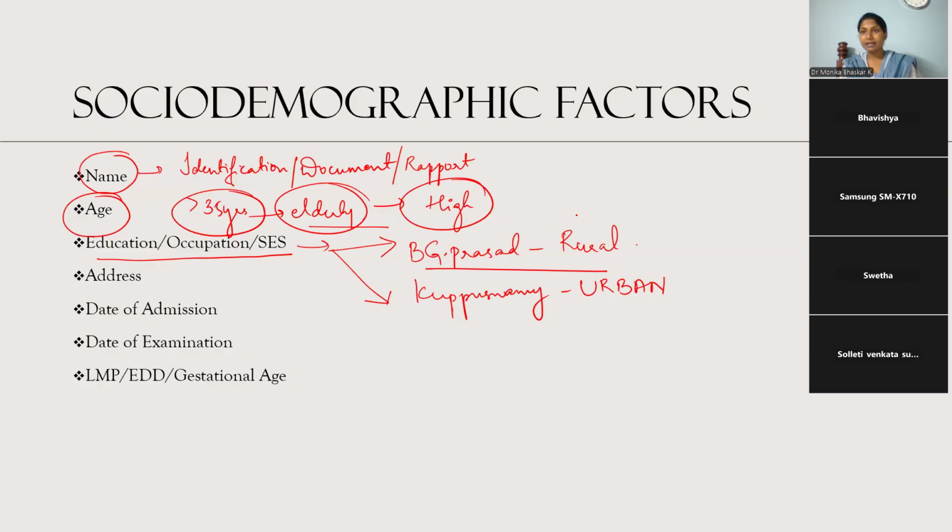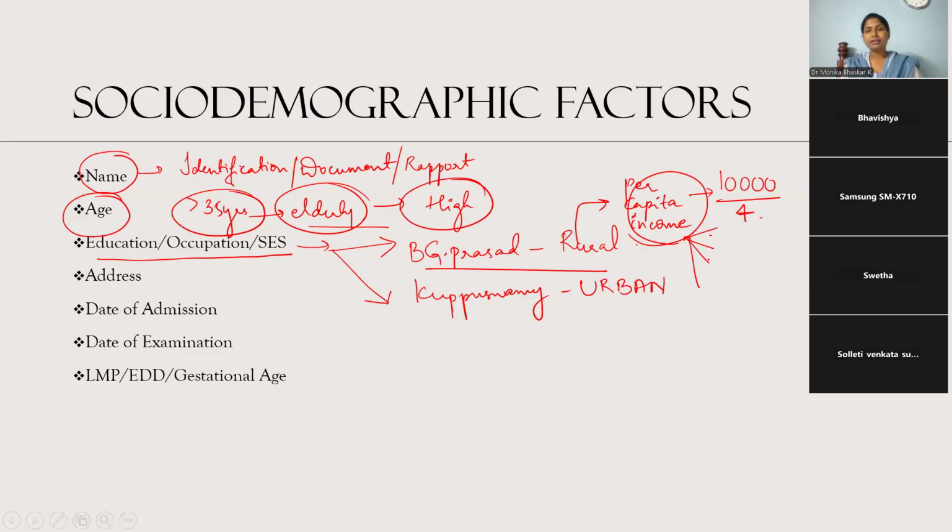So what is the BG Prasad classification? It is mainly dependent on the per capita income of the family. So if there are four people in the family, and the total income of the family is around 10,000, then 10,000 divided by 4 is the per capita income. Based on this, we will divide the classification, or their risk.